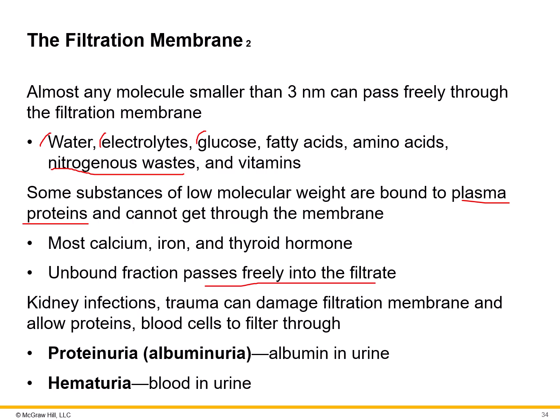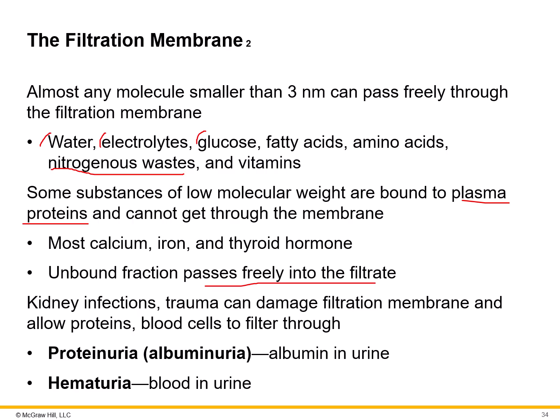So the last thing I want to talk about is how can we use the composition of filtrate and urine to our advantage, right? Certain things, for example, kidney infections or trauma, any damage to that filtration membrane, can allow things that aren't supposed to get into your urine get into your urine.